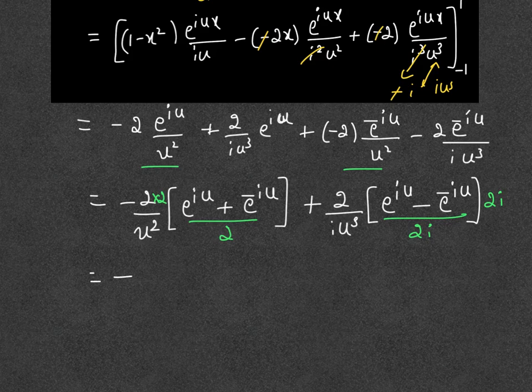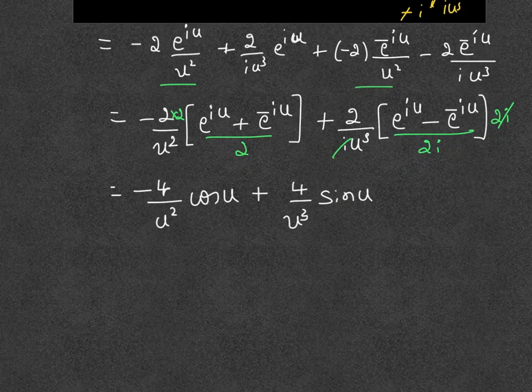So we get this minus 4 by u square cos u plus 4, and this i gets cancelled, 4 by u cube sin u.